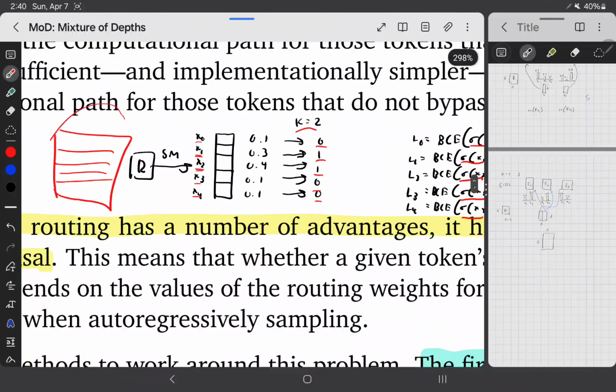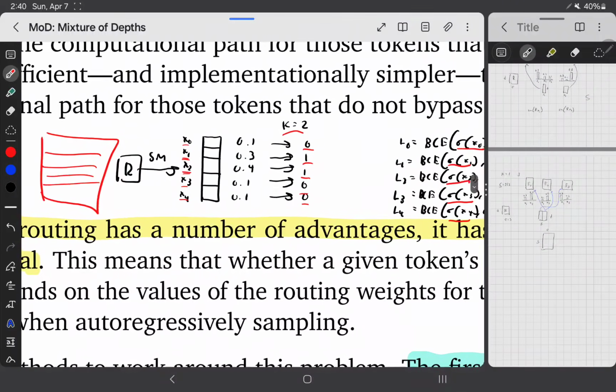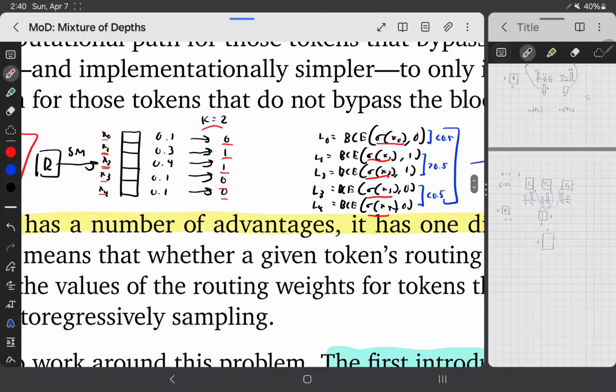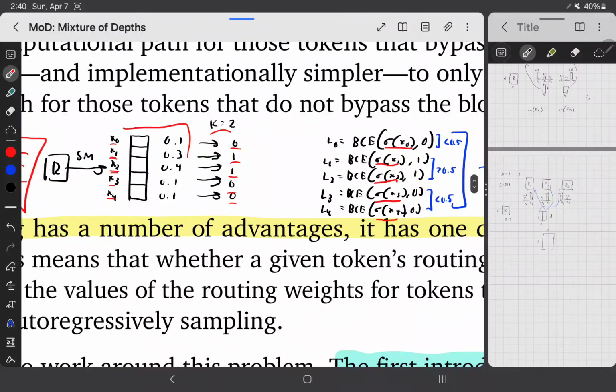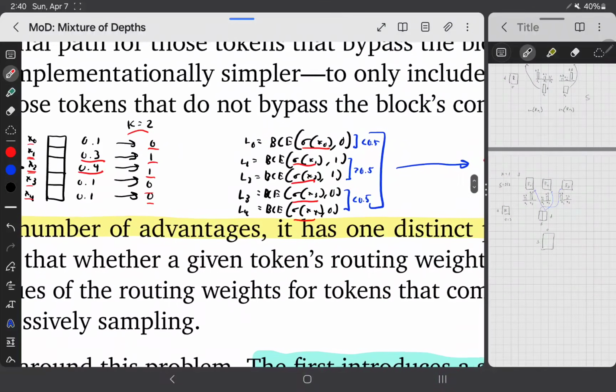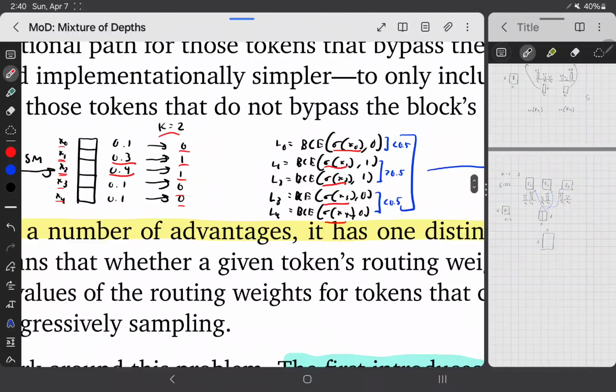You have your input tokens, you send them through your router, and the router creates your softmax distribution, and this distribution will be used for training. You still use these weights to update your softmax distribution, and you then get your 0 and 1 mask. You then have an auxiliary loss in the middle of your network.